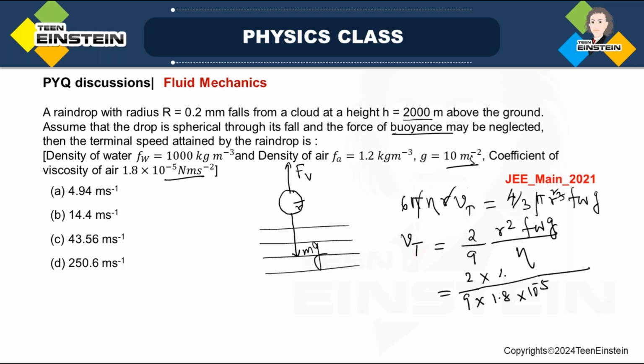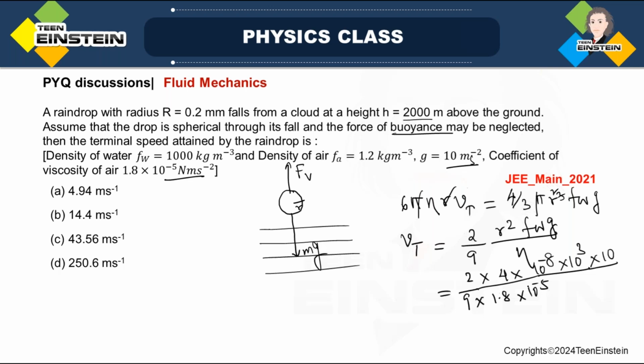So square of that will be 4 into 10 to the power minus 8. What else? We have this as 10 to the power 3 kg per meter cube, and g is 10.